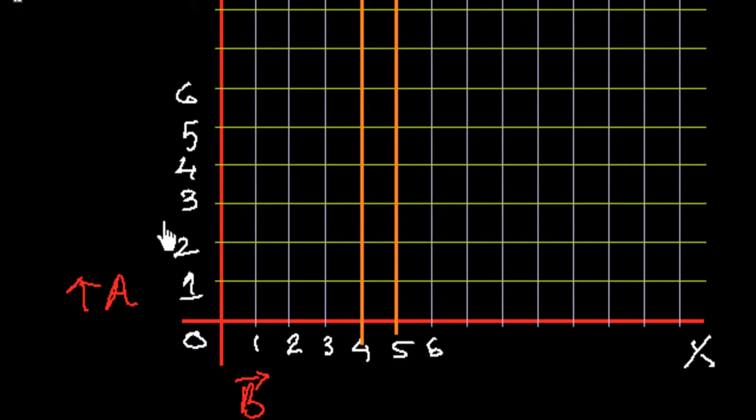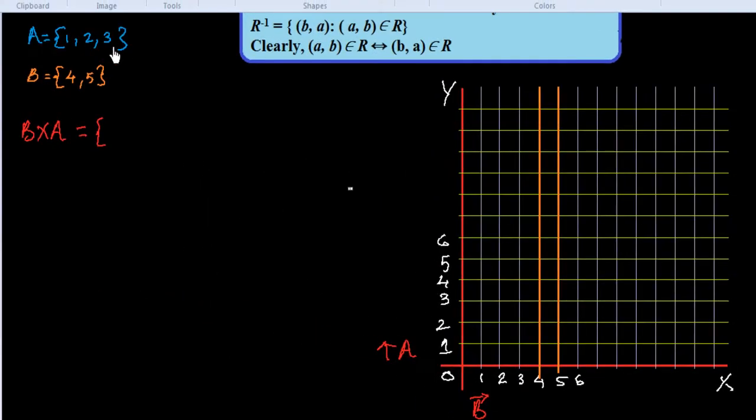Now a is along the y-axis, so we have to draw 3 lines, passing through 1, passing through 2 and passing through 3. So I draw a line passing through 1, through 2 and through 3. So we have drawn 3 lines here.